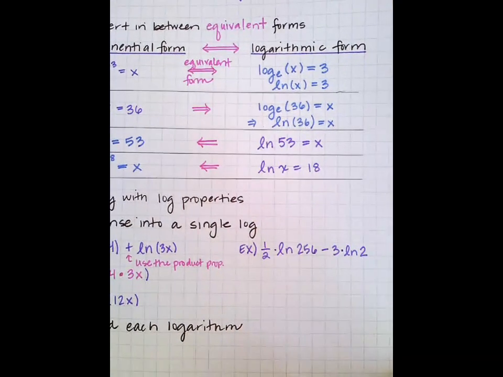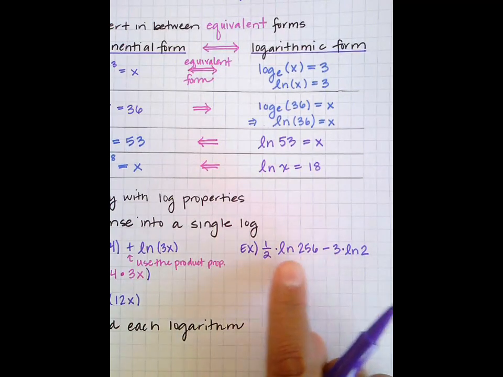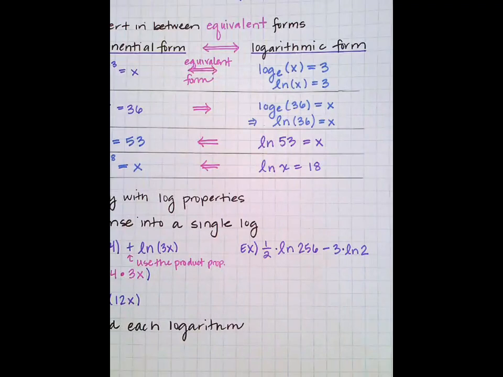So for this particular example, again, here I see subtraction, but as a reminder, we've got to do order of operations for simplifying logarithms. Order of operations means before I do the subtraction problem, I've always got to deal with these multiplication problems first.